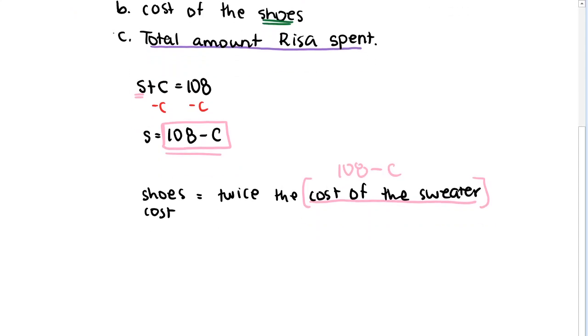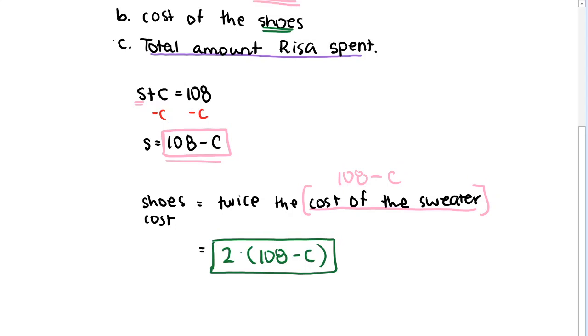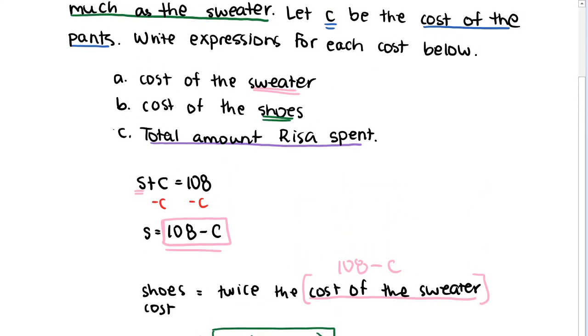And so the shoes, these are, well, 2 times, twice means double, right? 2 times 108 minus C. This is an expression for the cost of the shoes. I don't know if I wrote it above, but I meant to say write an expression for each of these costs and simplify that expression.